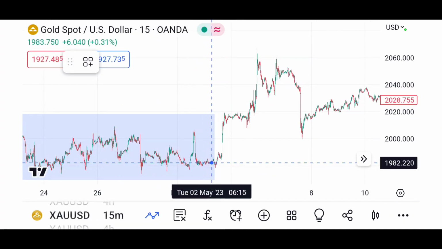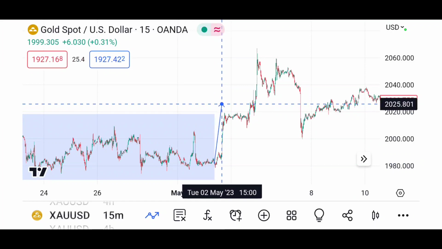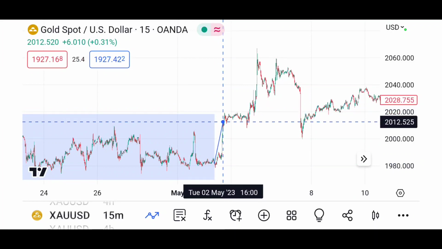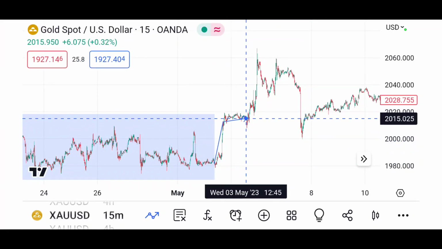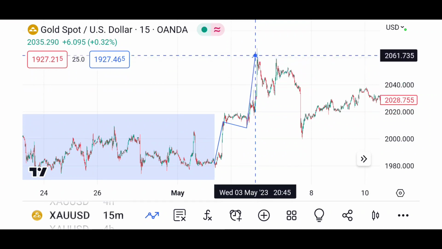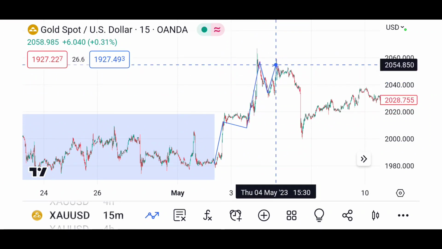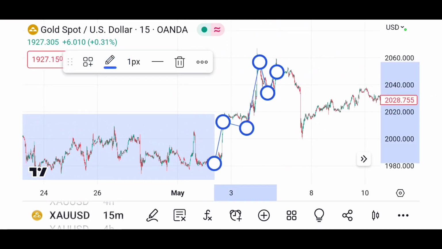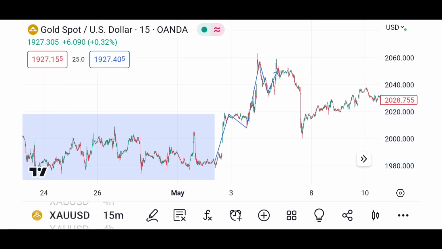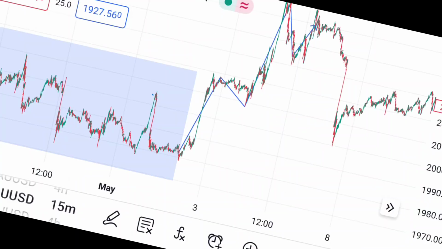So you could see a high, a low, a high, a low, a high, and so on. So you could see that the market showed a clear bullish trend, and then once again you could see the break of market structure to show that it is now bearish once more.